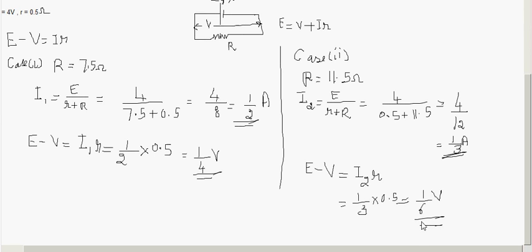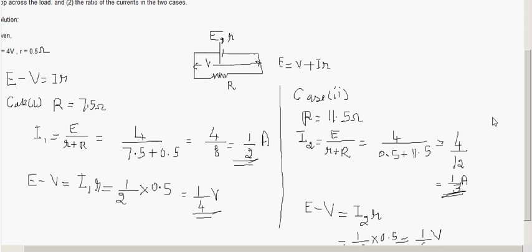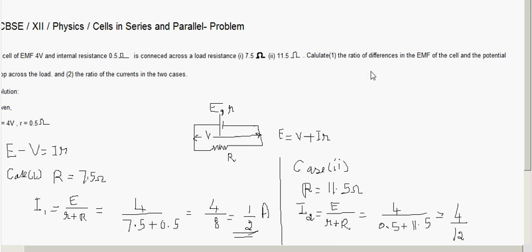Now we can write the answers for the two questions. The first question is the ratio of differences in the EMF of the cell and the potential drop across the load.